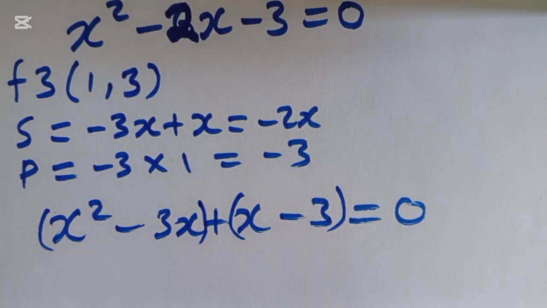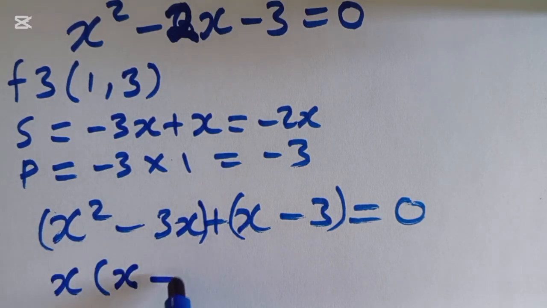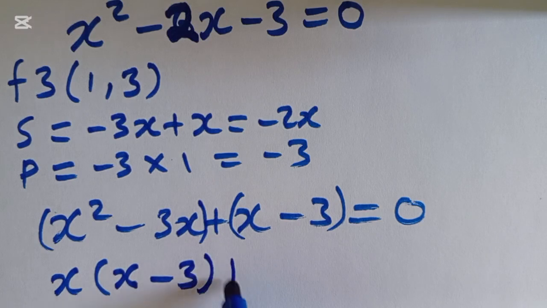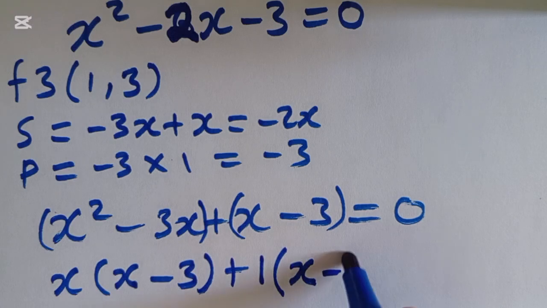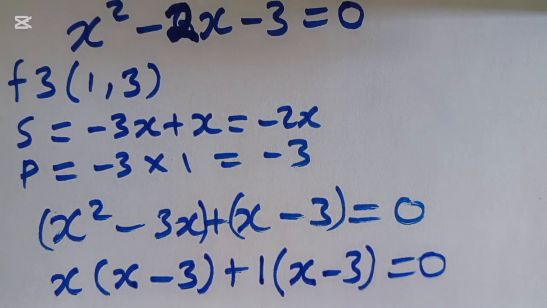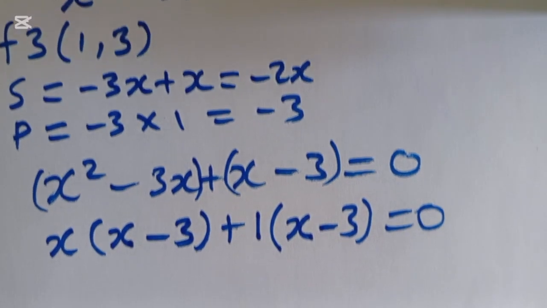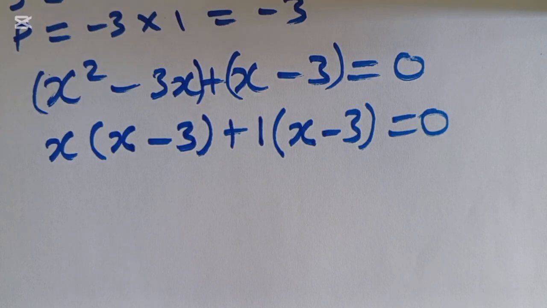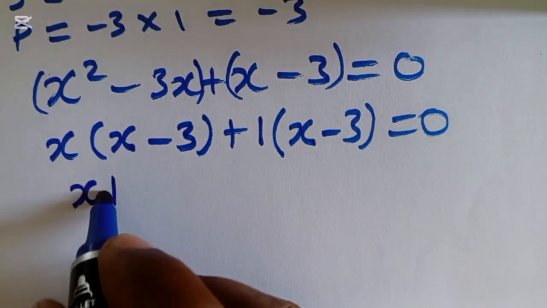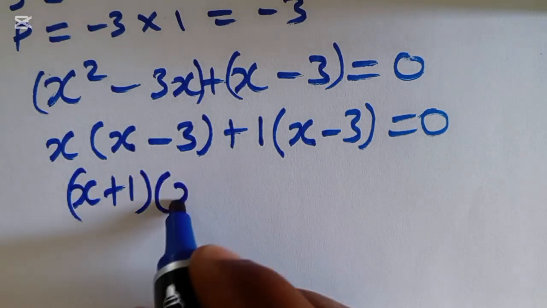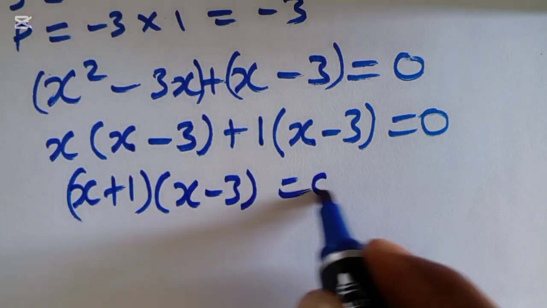So x is common. x into x squared, x. x into 3x, 3. So 1 is common there. 1 into x, that is x. 1 into 3, it is 3, is equal to 0. So there we have x plus 1, and we have x minus 3 is equal to 0.